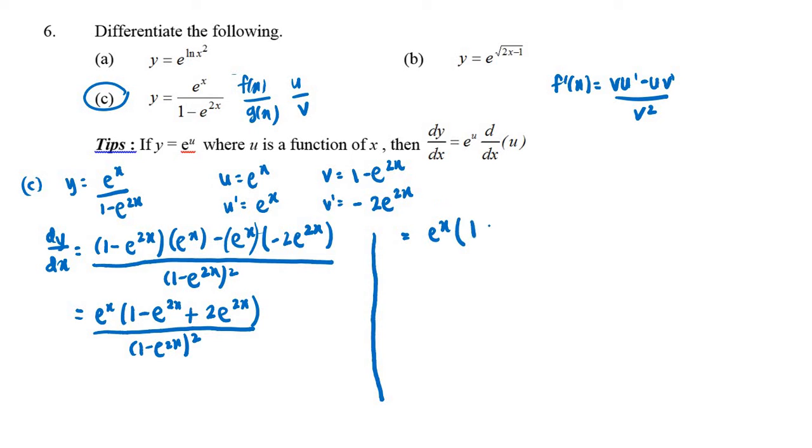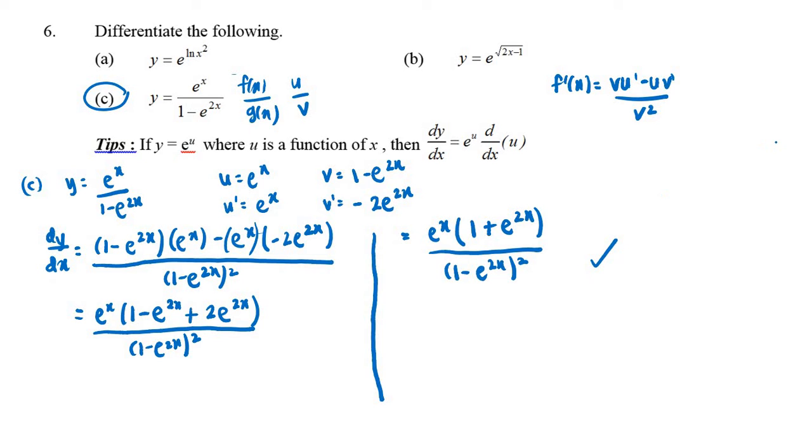So kita akan dapat 1 plus e to the power of 2x. Okay, and then divided by 1 minus e to the power of 2x squared. Okay, so kalau kita tengok dekat sini, there is nothing else that we can simplify. Okay, kalau dekat sini negative, baru kita boleh simplify dekat dengan denominator. So be careful over here, you cannot simplify that. So that is just going to be our final answer.